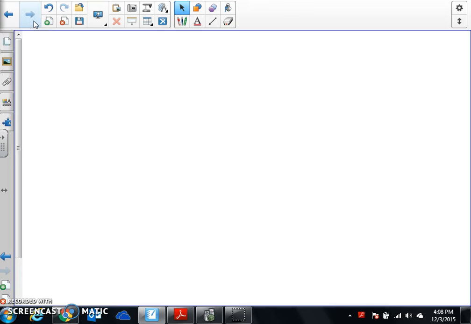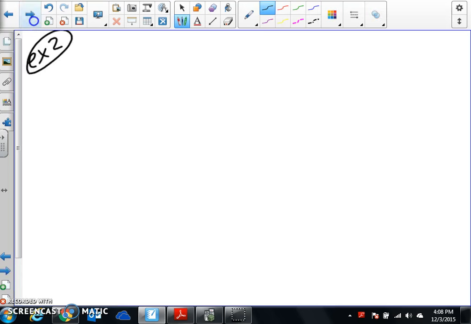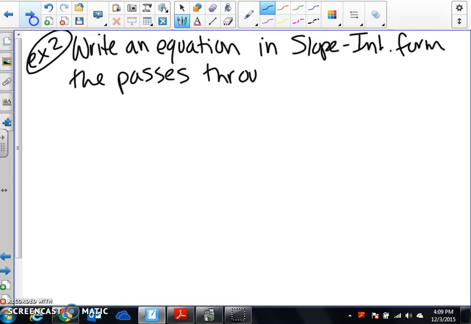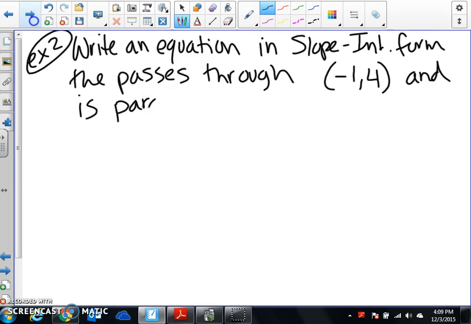The other way they're going to ask us, example 2, is they're going to say to write an equation in slope-intercept form that passes through the point -1, 4 and is parallel to y equals 1/2 x minus 6.